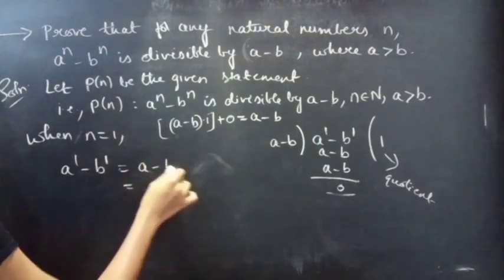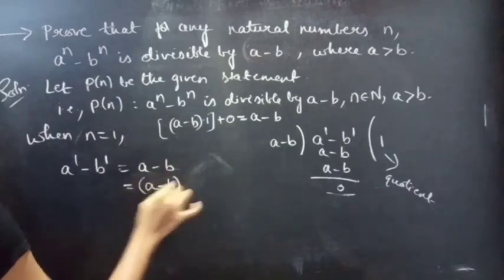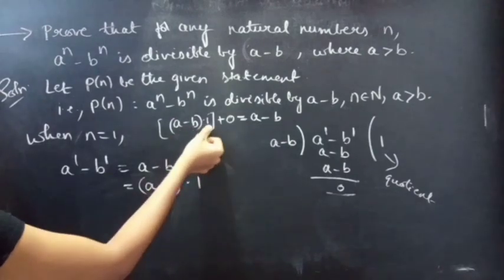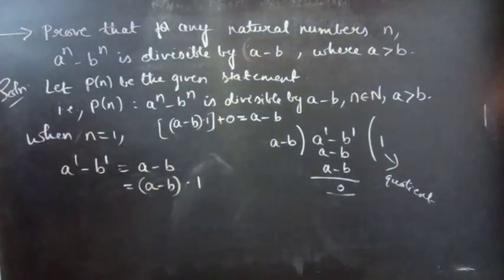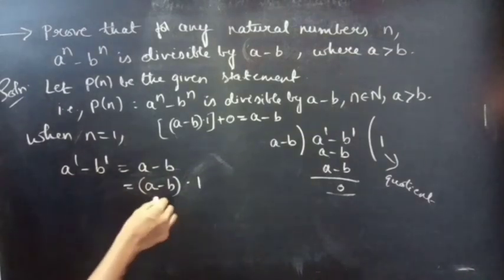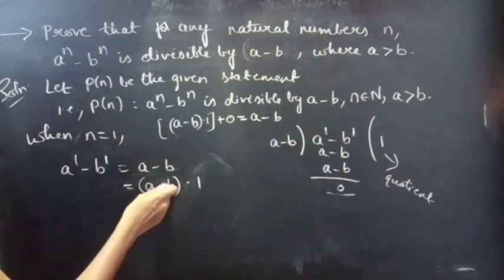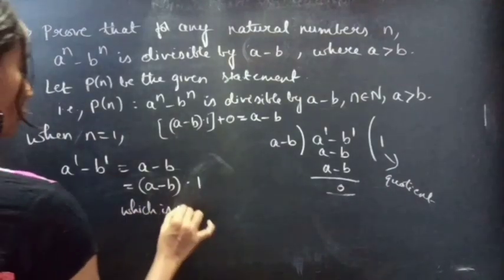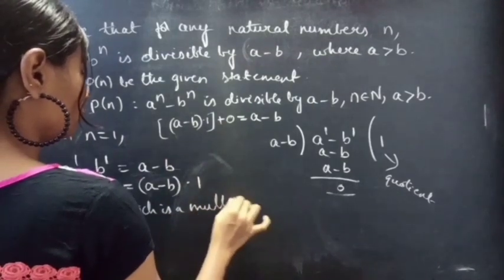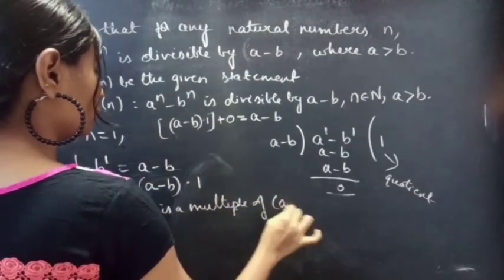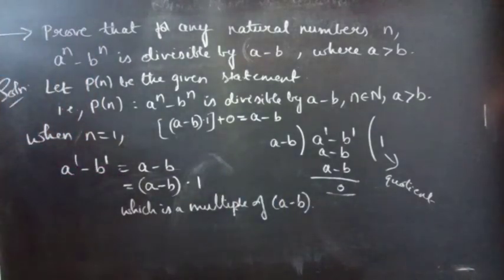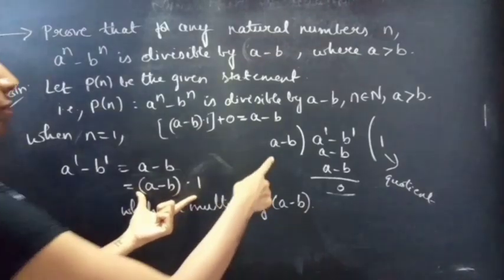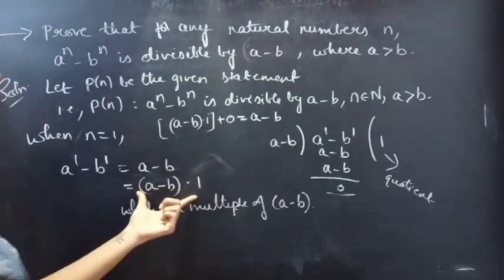Simply we'll write this as a minus b into 1. We can write a minus b as a minus b into 1, which is a multiple of a minus b. And also, since this is a multiple of a minus b, it is divisible by a minus b, right?